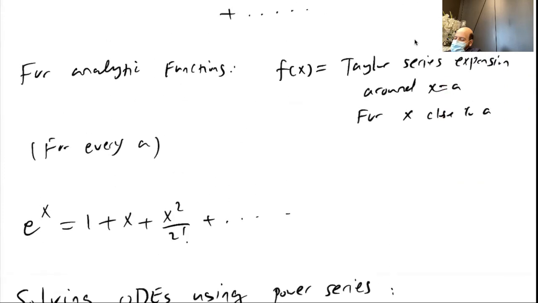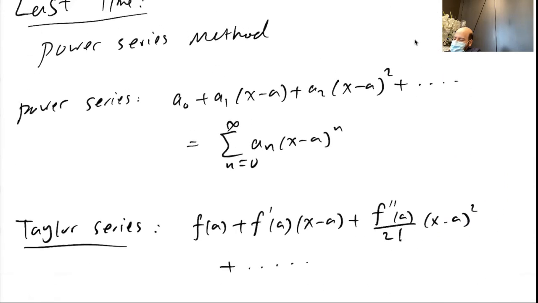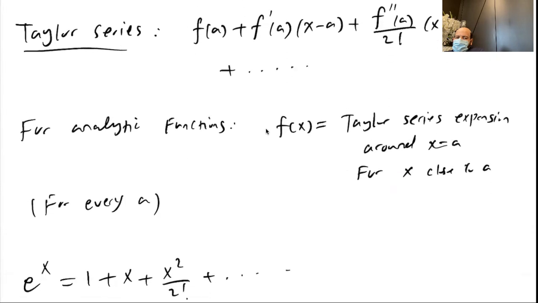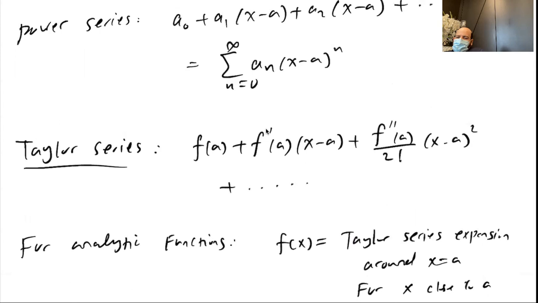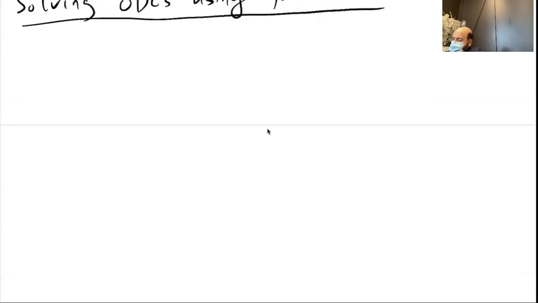We can write each power series in sigma notation. As you can see, we can expand it this way, or we can write it using sigma notation this way. Now, if you want to solve an ODE, it's easier to write it in sigma notation and use the properties of sigma. So let's look at some properties.